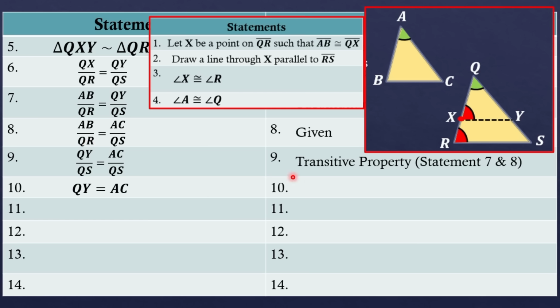Okay? And then we have QY is equal to AC. So QY, ito po siya, is equal to AC.